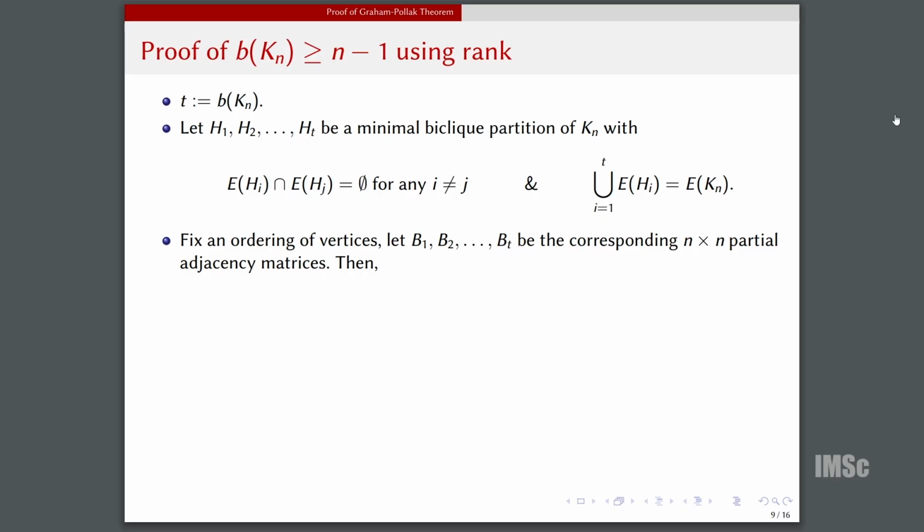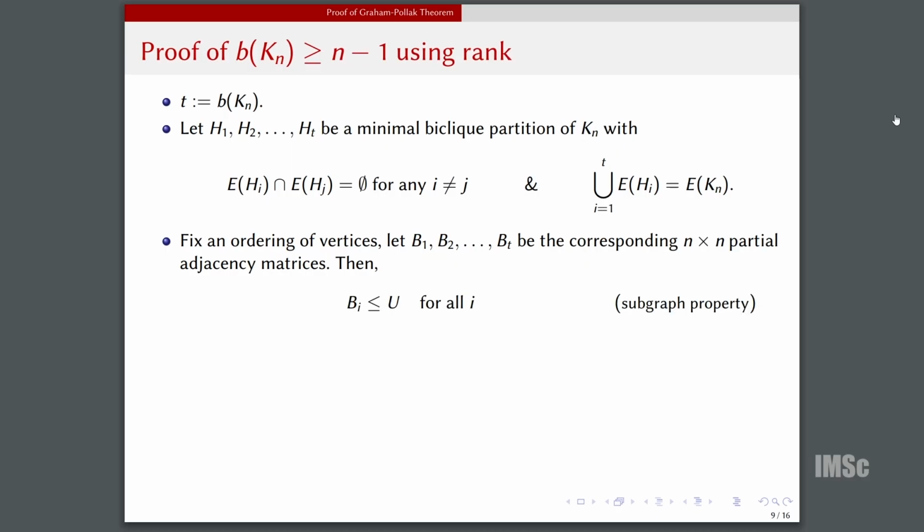Let's fix some ordering of vertices. Let B_1 up to B_t be the corresponding partial adjacency matrices. Even though these bicliques might be on fewer than n vertices, I am going to define an n cross n matrix so that I fix the ordering. If there's a vertex which is not in H_i, then I'll put a 0 row and 0 column correspondingly.